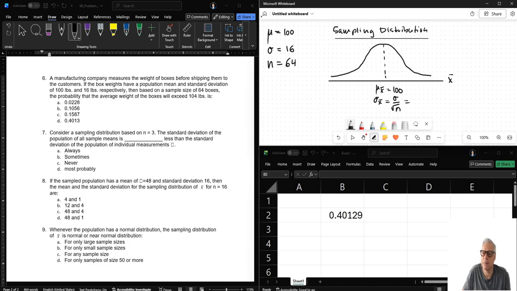So now this is 16 over 8 or 2. So that is our standard error.